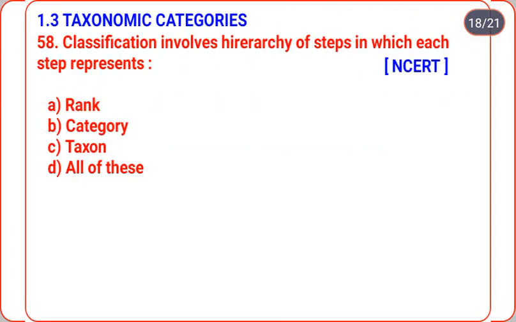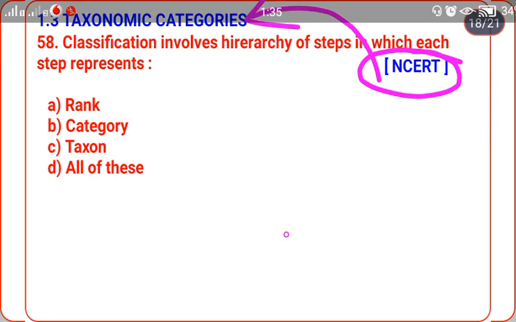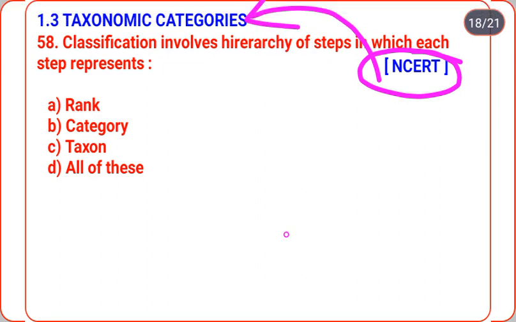So we enter the next topic 1.3 taxonomic categories, that is from the NCERT book. Taxonomic categories. Okay, question number 58.